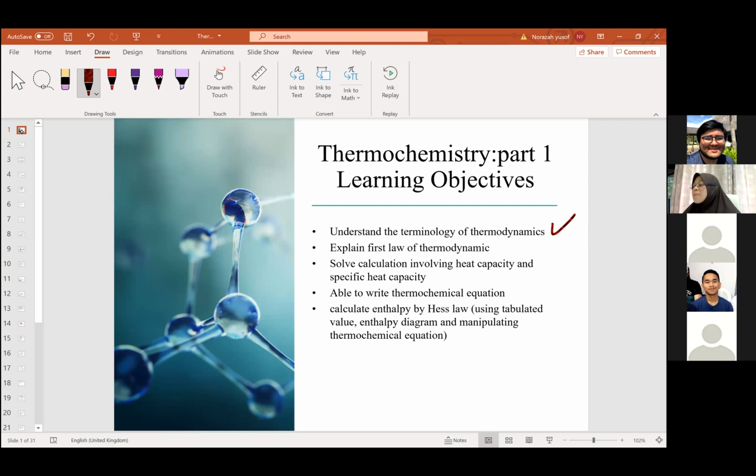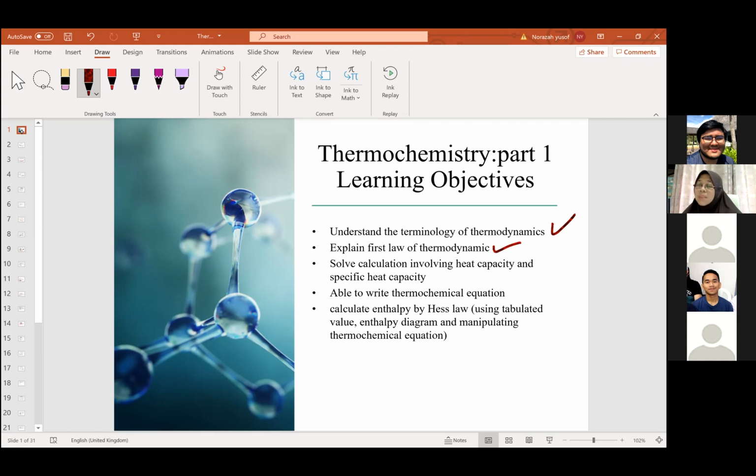And then we have discussed the state function, and also system, surrounding and universe, and open system, closed system, isolated system.